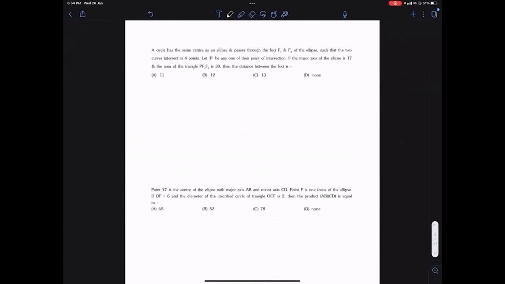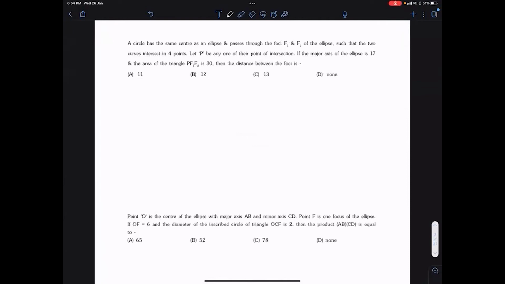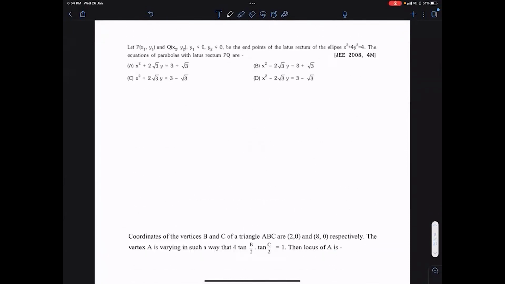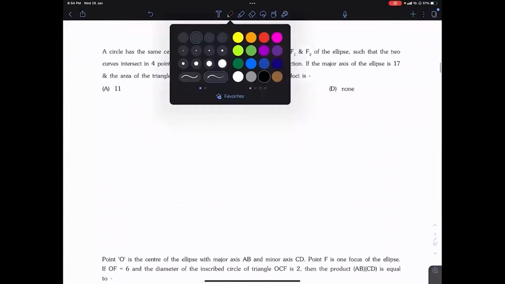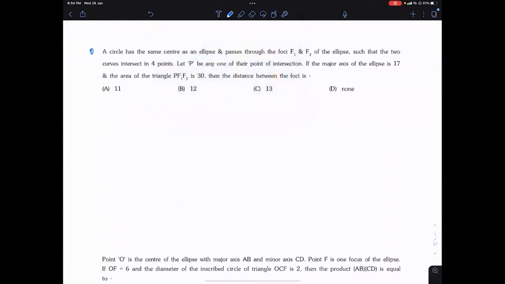Next. There are some more. Okay. Yeah, this is very important. Good question. See this one. A circle has the same center as an ellipse and passes through the foci F1 and F2 of the ellipse, such that the two curves intersect at 4 points. So what they are saying is, there is an ellipse.